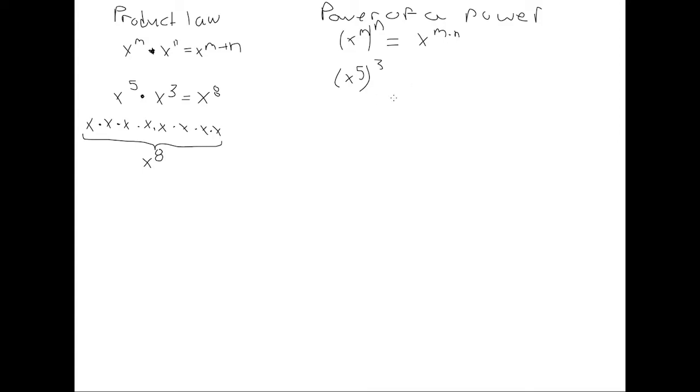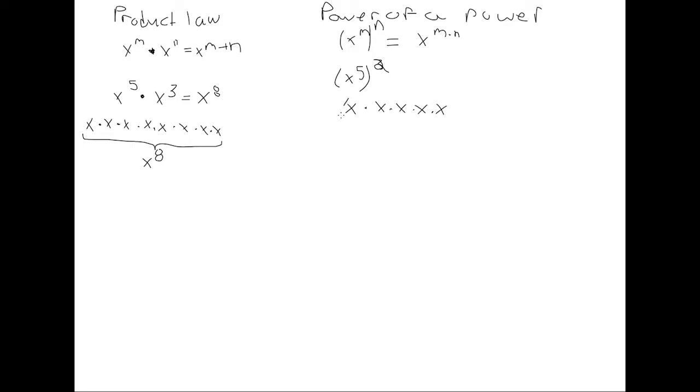Actually, let's just say 2 to the 2 power, just because I don't feel like writing a lot of 5s or a lot of variables today. So we know x to the 5th is basically x times x times x times x times x.